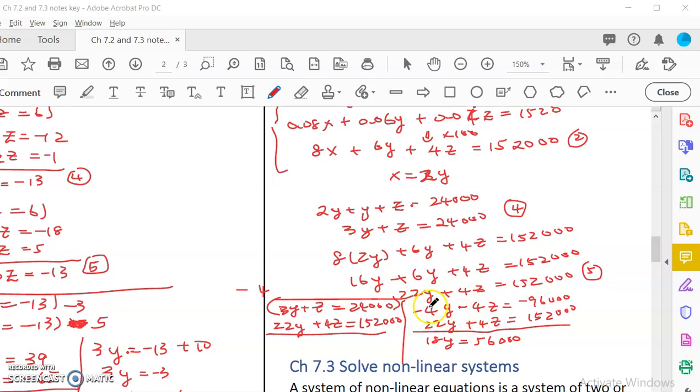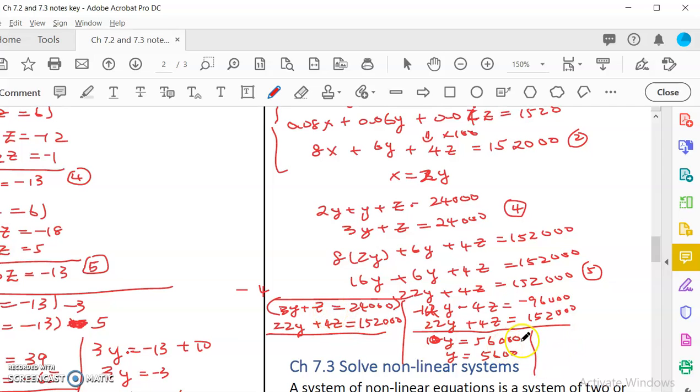Oh, okay. I think I have a mistake here. 3 times 4 should be negative 12, right? So this should be 10y. So y would be 5,600.